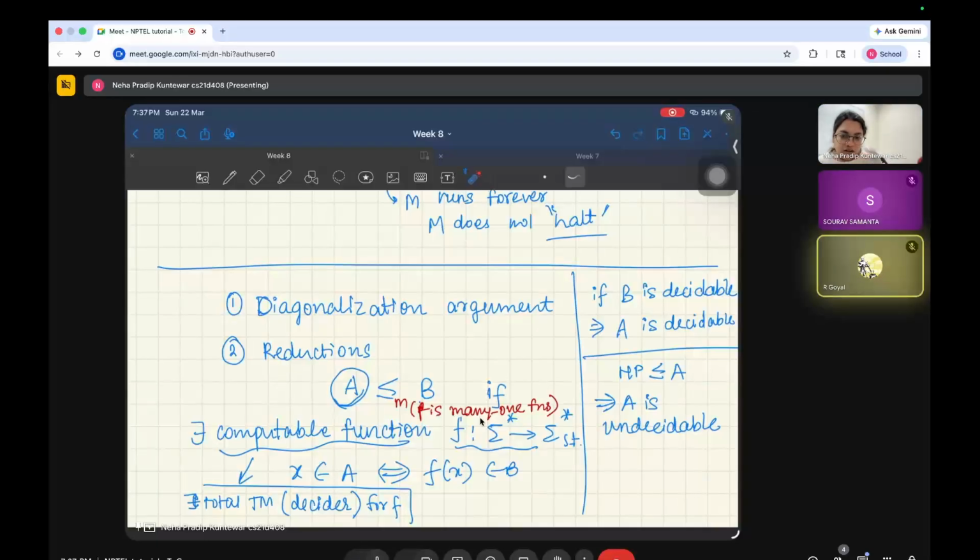Ma'am, how clearly would it need to be explained for us to gain an understanding of the diagonalization argument?